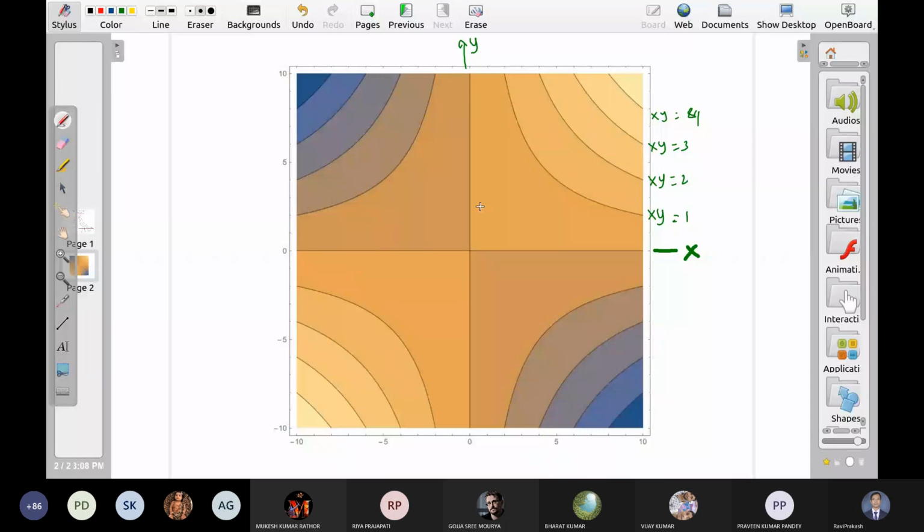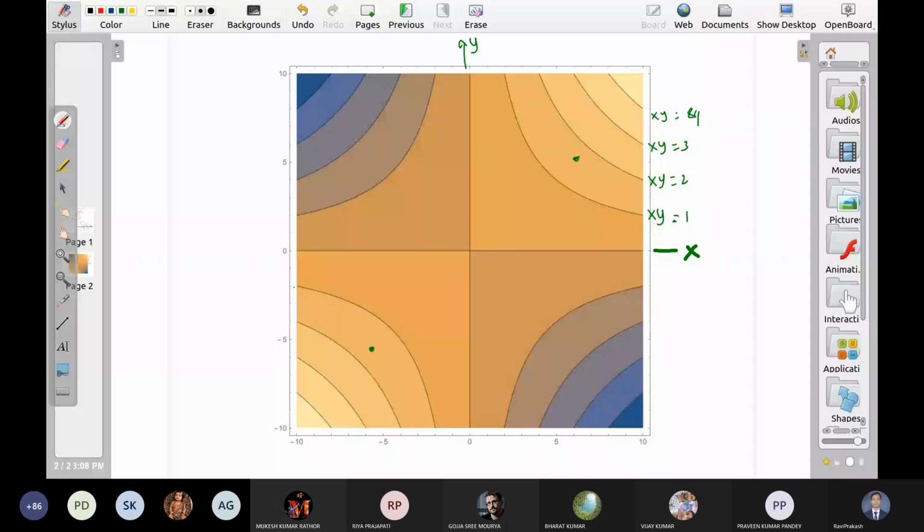So this is a color plot, meaning whenever xy changes its value, the color will also change. And for some particular color, there are lines. As you can see, whatever color is here, the same color is here also. So whatever the value of xy here, the same value of xy is here. So for this line also, xy is equal to 1.